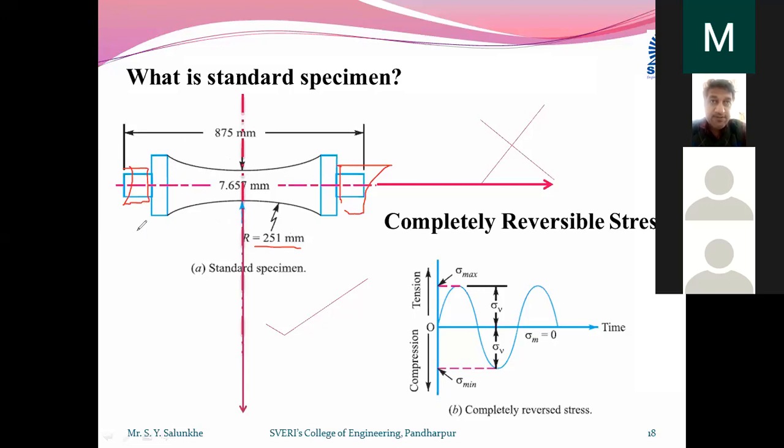Now support has been provided here, and if you apply the cage or the picture in such a way that we can apply this load, and if you rotate this specimen, definitely a completely reverse cyclic load will be applied. Because this specimen is going to rotate, suppose tensile stress is created here as you apply load in the downward direction.